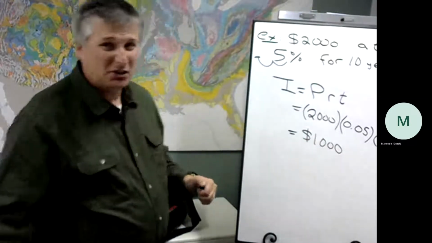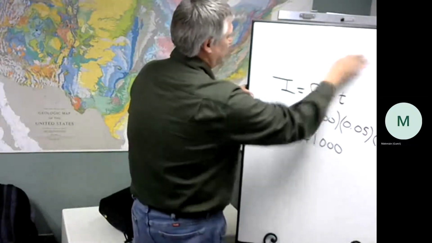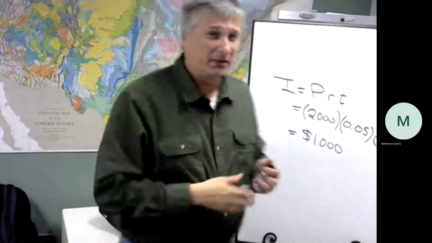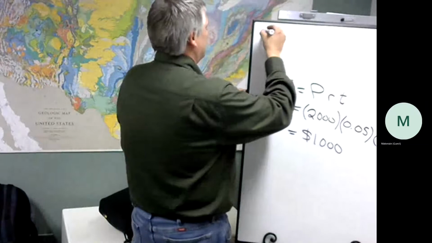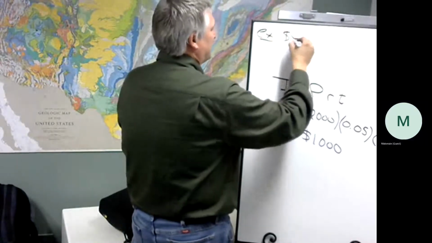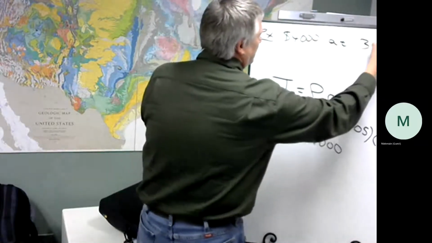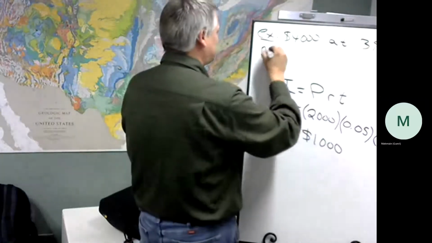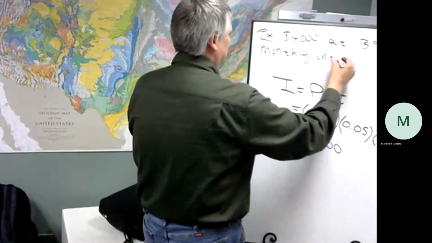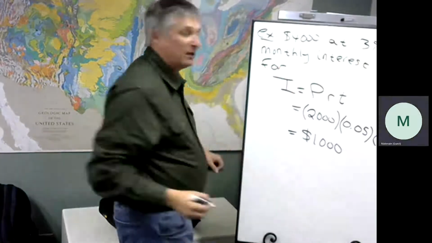Now there's a variation on this. Sometimes we're going to get an interest rate that could be monthly. So let's say we borrow $4,000 at 3% monthly for 3 months.